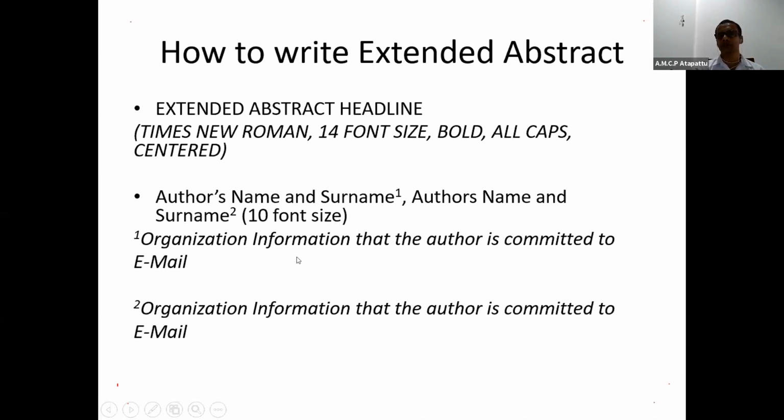Organization information: author is committed to CINEC campus or University of Colombo, then email, write like that. When you are writing the author's name and the surname, use font size 10. Normally we write 10 font size. Right. Before starting abstract, we have to write these 2. So then you are writing like that.